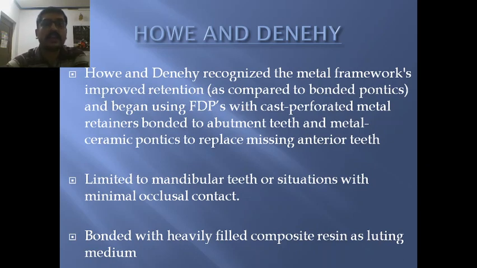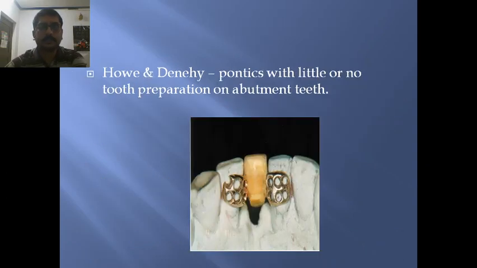But they were limited to mandibular teeth or situations where there was minimal occlusal contact. It was bonded with heavily filled composite resin as a luting medium. You can see here, this was the Howe and Denehy bonding with little or no tooth preparation on the abutment teeth.